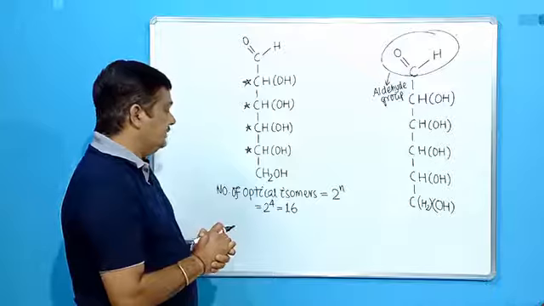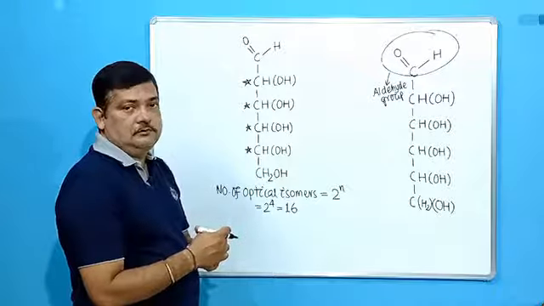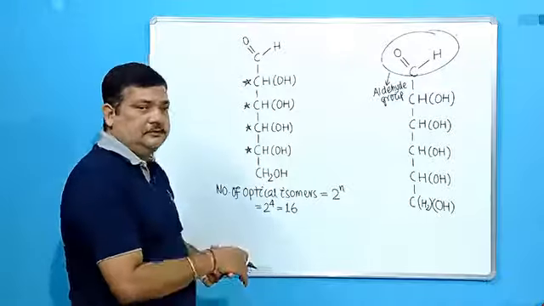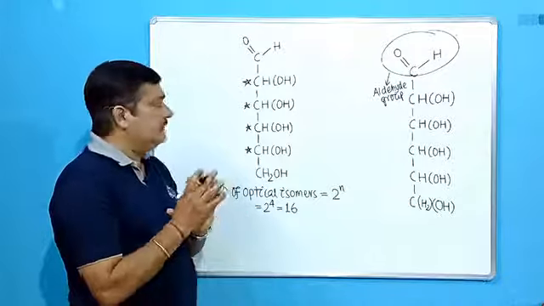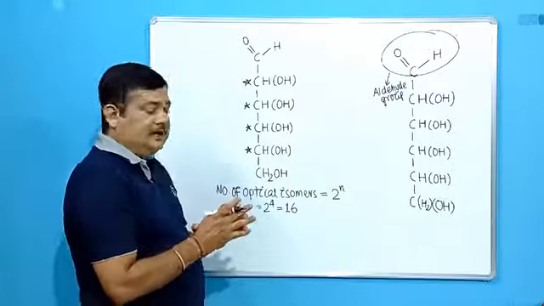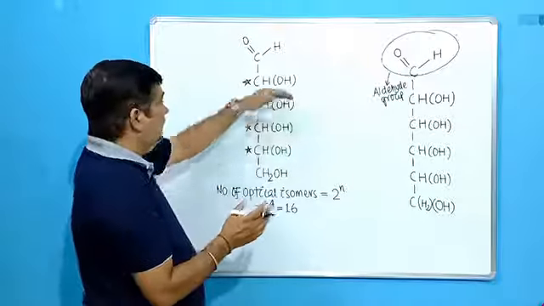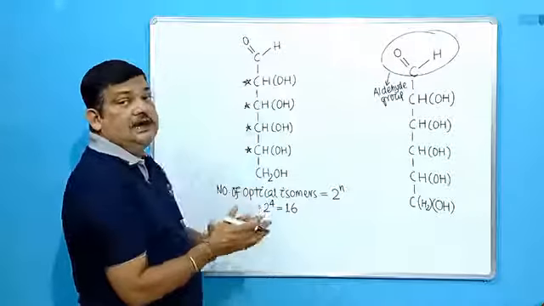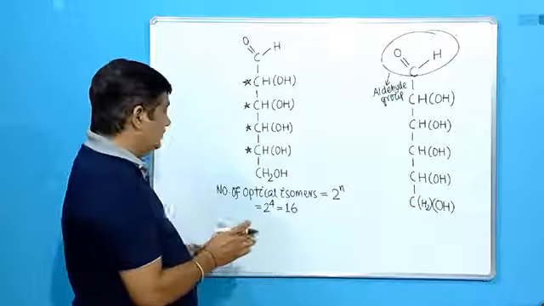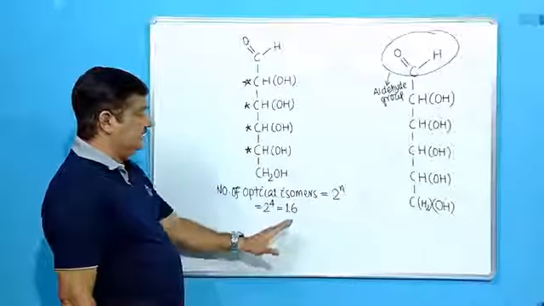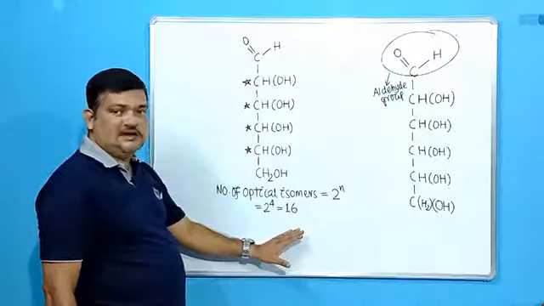One of them is D-glucose, another is L-glucose, mannose. There are allose. There are different names as per the orientation of hydroxyl groups along the carbon chain. Okay, so there are 16 optically active isomers possible for hexose.